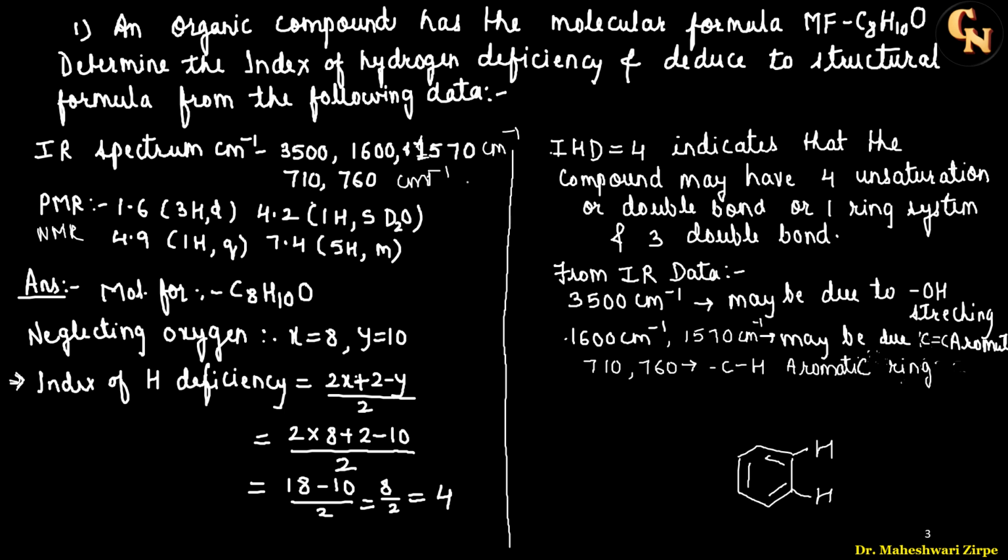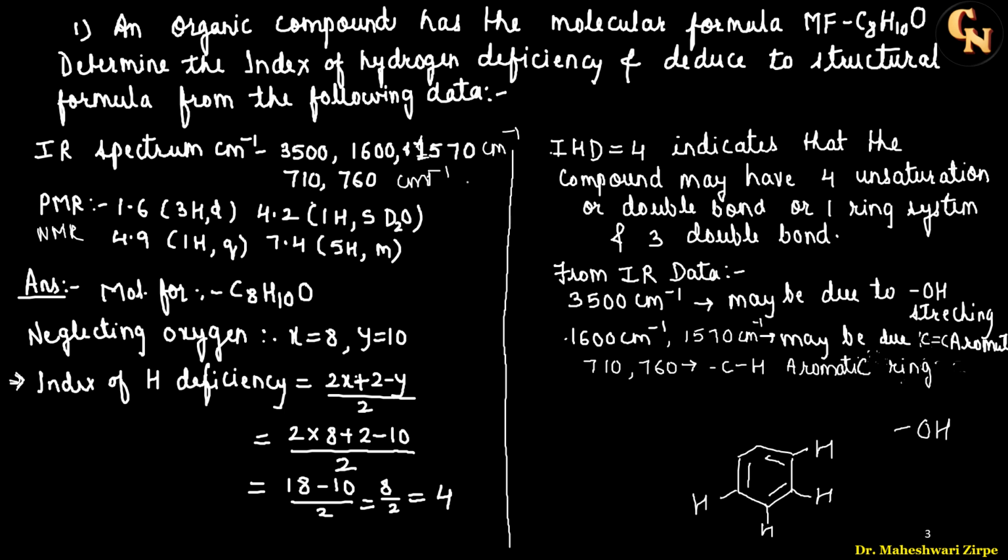Next, it also contains one OH. So let us prepare the groups now. Then we have to connect all these small parts. There is an OH stretching, so the OH group is also present.